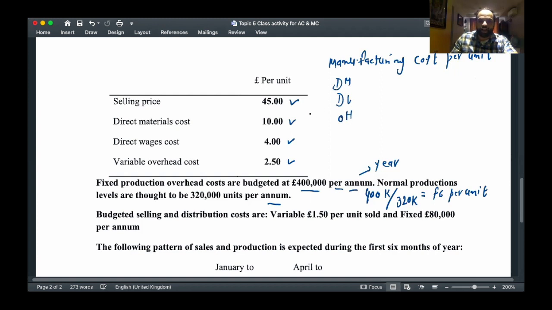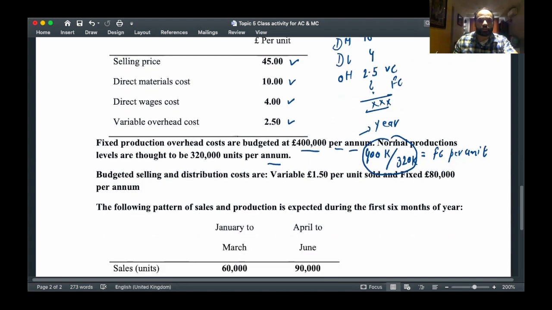All right, we have direct material, which is 10, direct labor, which is 4, variable, which is 2.5, and this number, I don't know how much it will be. You can check later. So this is variable cost, and some number will be fixed cost. So some number will be here. So that's your manufacturing cost per unit.